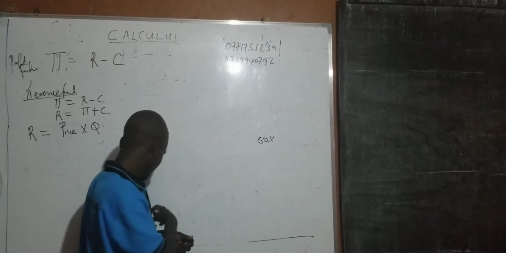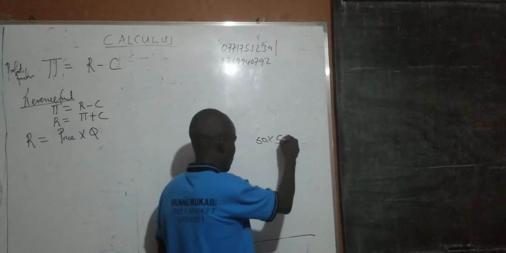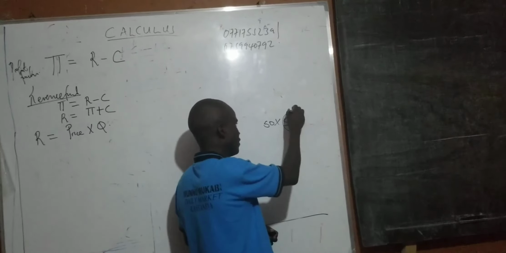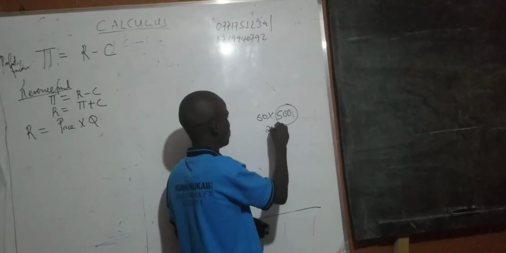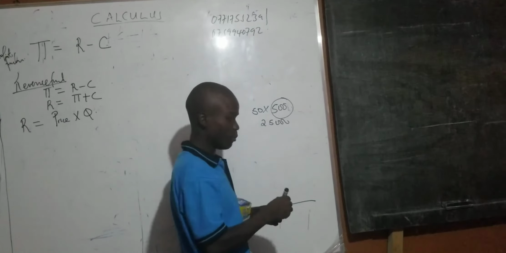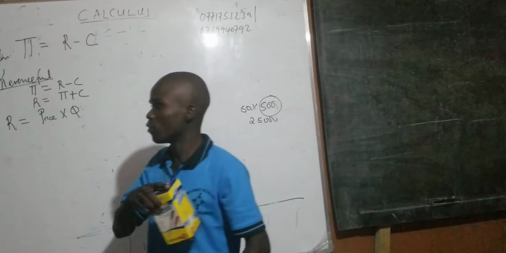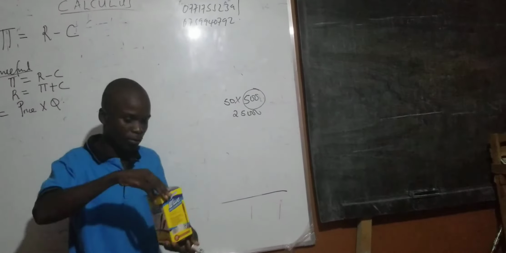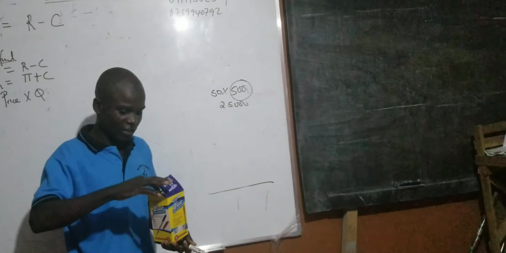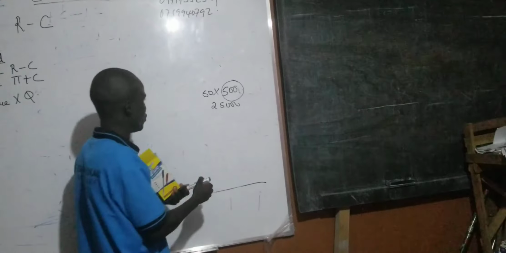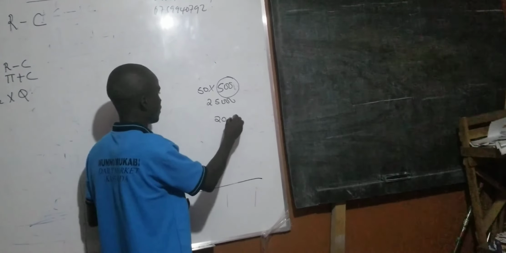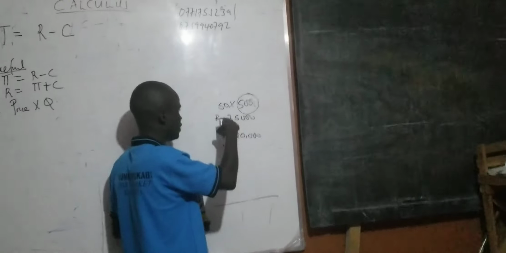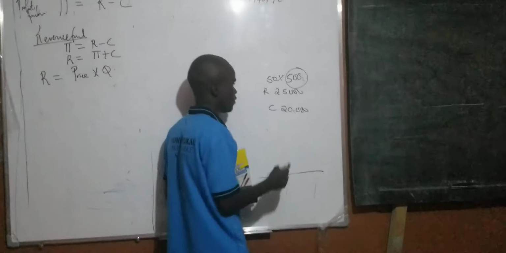What is the price of each pen? 500 shillings. So price times quantity, you end up getting 25,000 shillings. Then the profit shall be, assuming I bought the whole box of pens at 20,000, and this was my cost. My profit is revenue minus cost, which is 5,000.